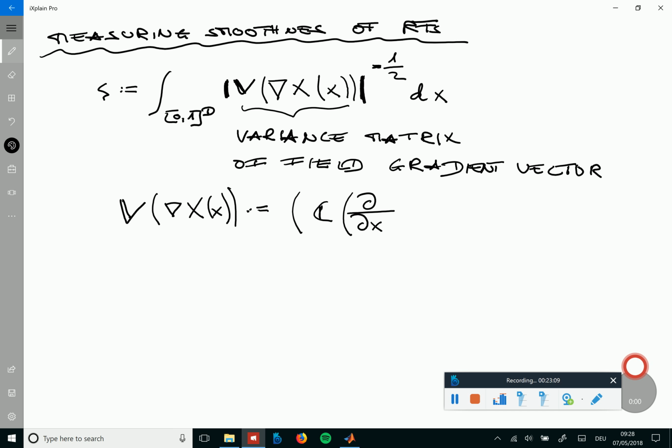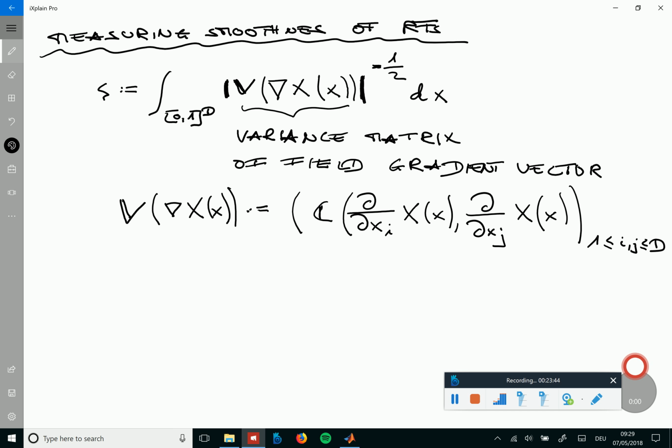This is why you looked into partial derivatives of the random field with respect to, of course, the components of its domain vector.